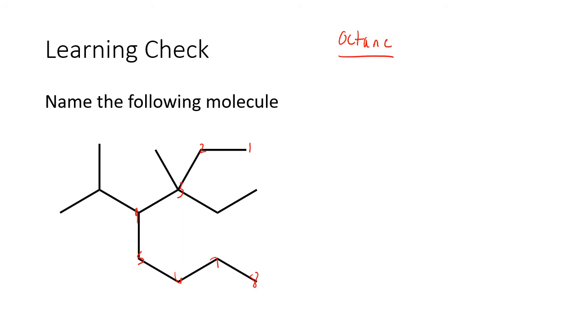And then at position number 3, we have right there a 3-methyl. Also, we got another group coming off of number 3. That's an ethyl group, so 3-ethyl. Notice that one has 2 carbons, 1, 2, whereas the methyl group just has 1 carbon.